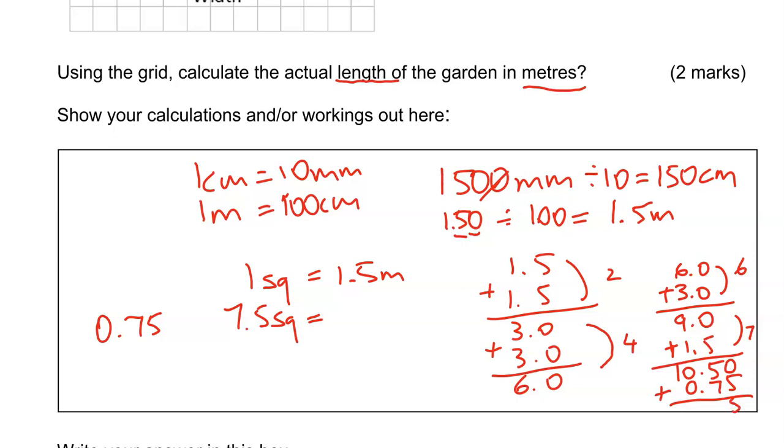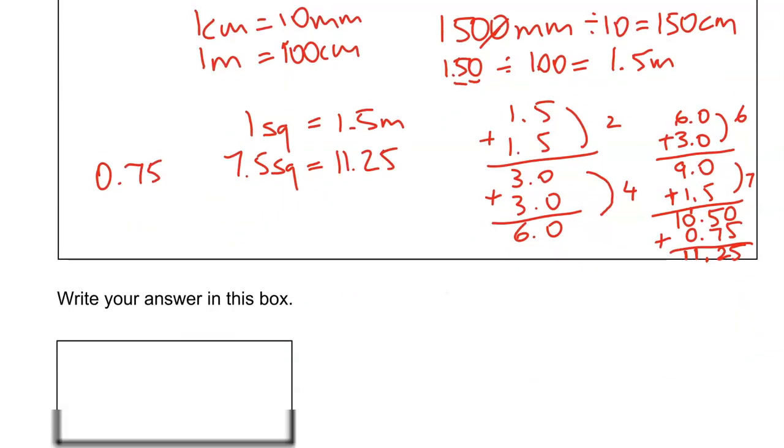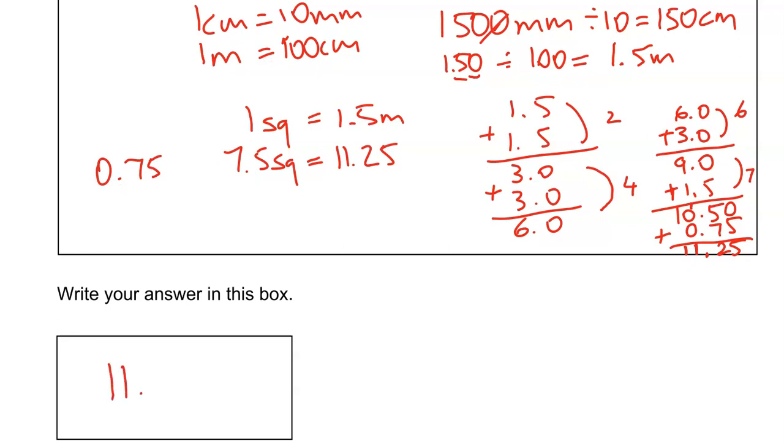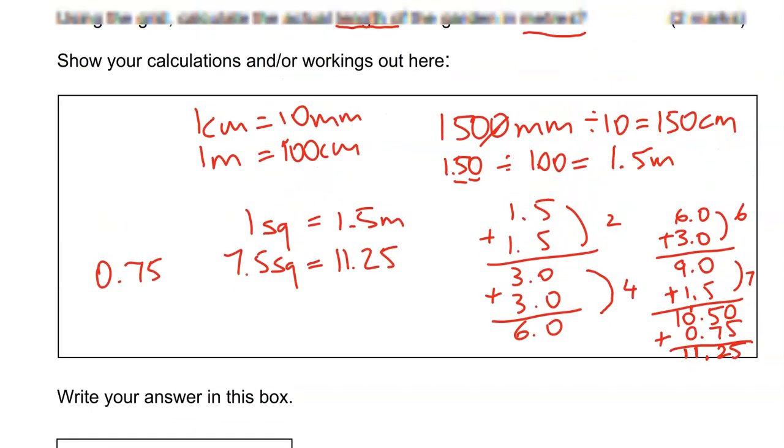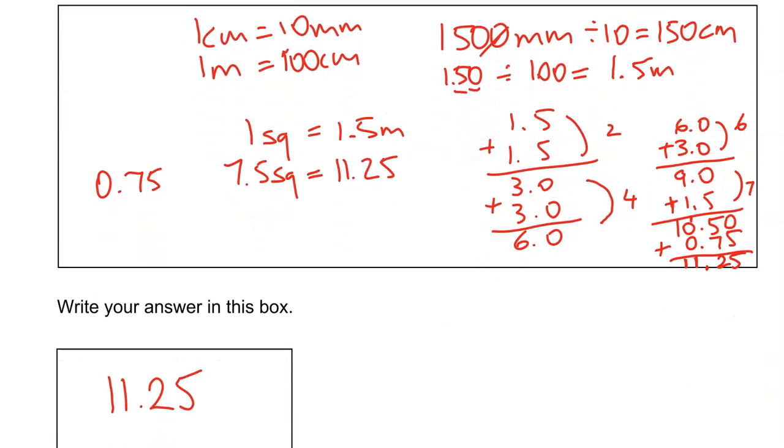So 0 and 5 is 5. 5 and 7, that is 12. So 2 down and 1 is carried over. 0 and 0 is 0, and the 1, that's 1. 1, add nothing to add, gives us 1. So 11.25. And what is that? The unit is meters.